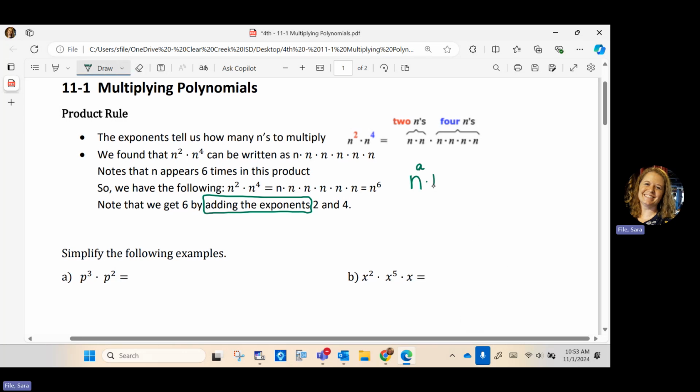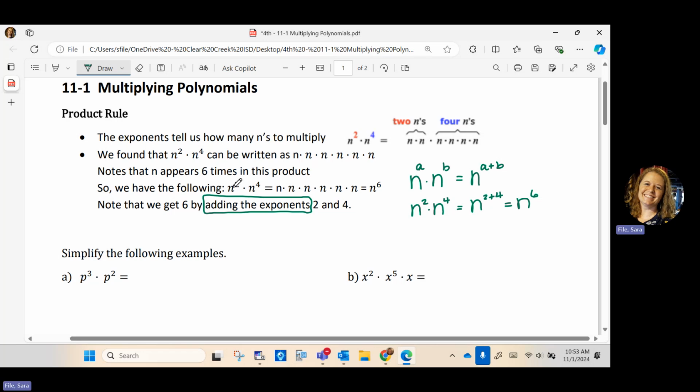So if you're doing n to some power times n to some other power, you keep the base, and then you're adding the two powers. That's the rule. So for this one, n squared times n to the 4th was n to the 2 plus 4, which was n to the 6th. That's our exponent rule.